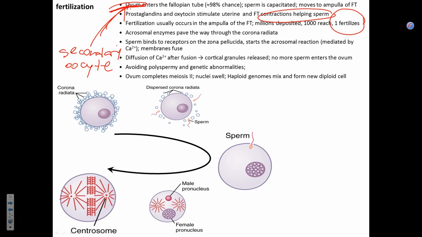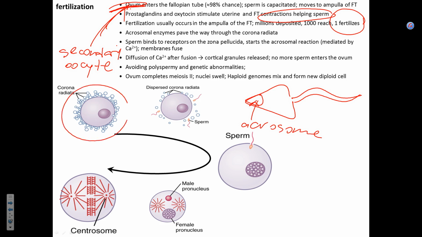Okay? Now, if you look at the structure of the sperm, that's the head, and that's the flagellum. In the head of the sperm cell is a structure called the acrosome. Acrosome contains enzymes that dissolve the protective layer surrounding the secondary oocyte, called corona radiata.